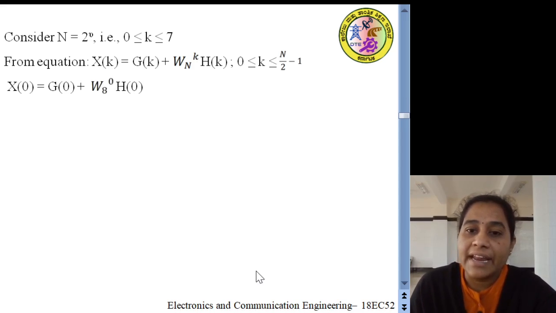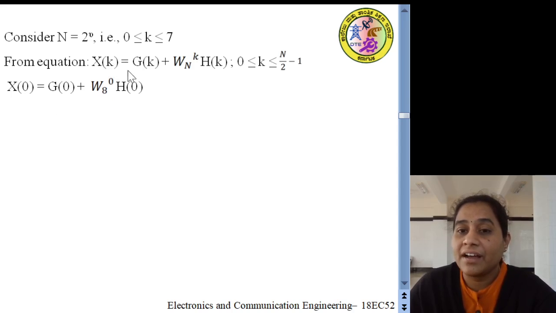So we can write X(0) as G(0) plus W_8^0 into H(0). Here we are considering N as 8, and X(k) varies from 0 to 7, but in this equation it is from 0 to 8/2 minus 1, that is 4 minus 1, so 0 to 3 we are considering.